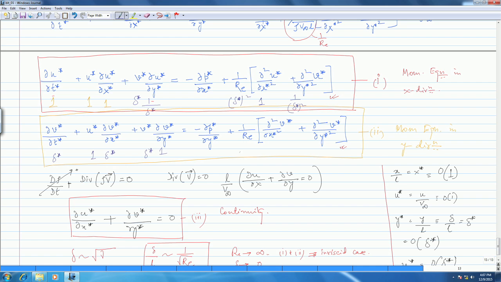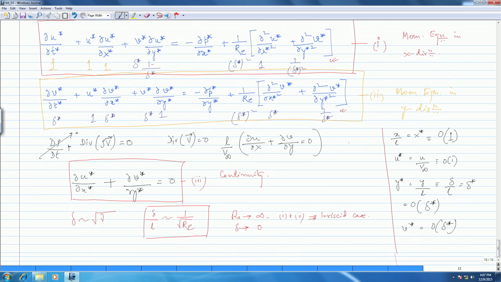Then this one is of order delta star, and this is of order 1 by delta star. And this is 1 by delta star.